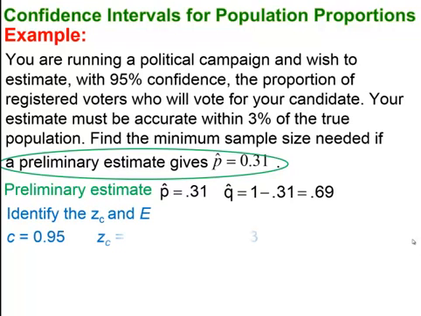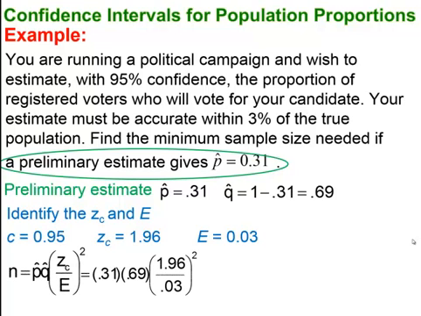We already found our critical value from the previous example, and we found the error, which is 0.03. I'm going to use that same formula, but now instead of 0.5, I'm using the preliminary estimate that was given of 0.31 and the q hat, which I found.